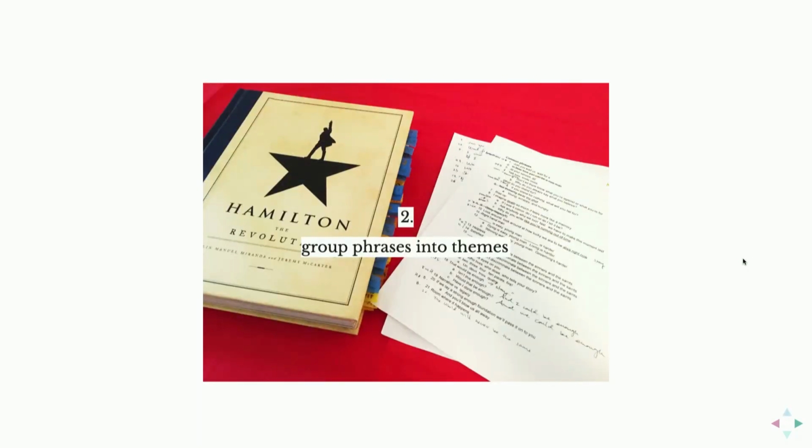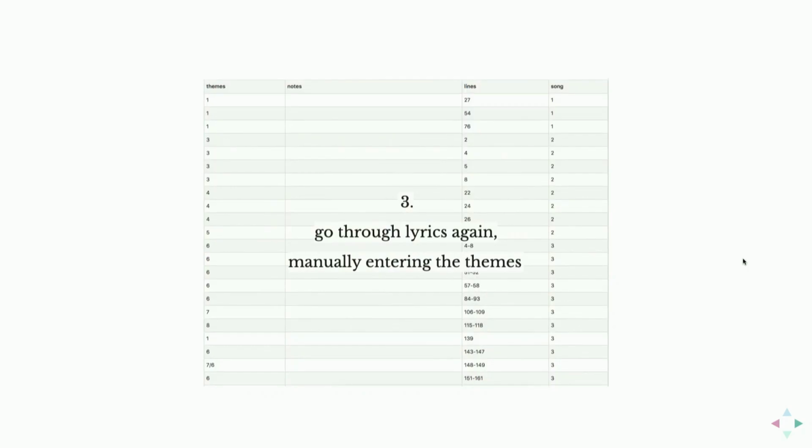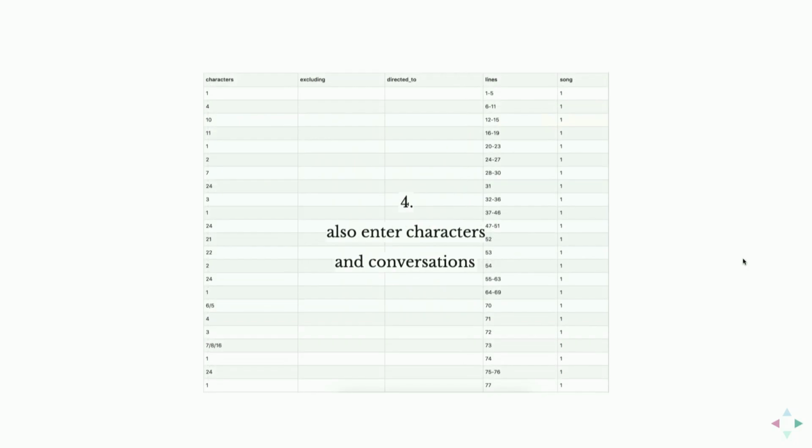Then once I was done, I grouped them into broad general themes. And then I manually went through the lyrics a second time so that I could enter all of those recurring phrases and themes into my computer, along with all of the characters and conversations.